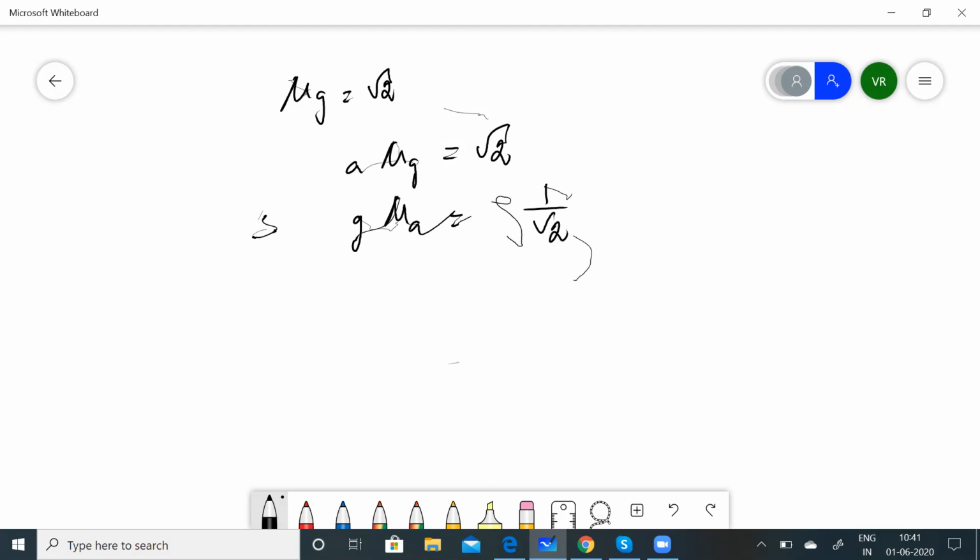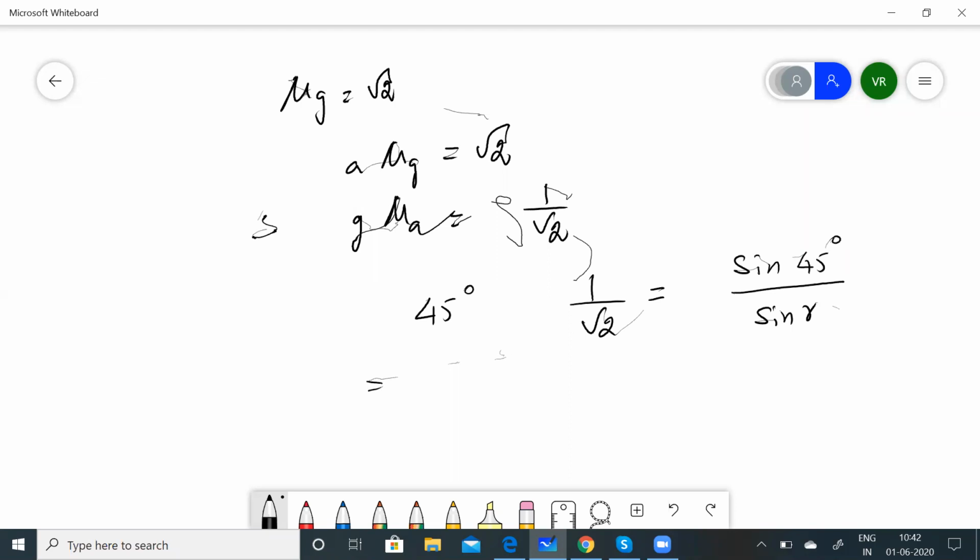So angle of incidence from glass to air is given as 45 degrees. All right. So 1 by √2 is equal to sine i by sine r, is it not? So sine 45 by sine r. But sine 45, you know, is 1 by root 2.